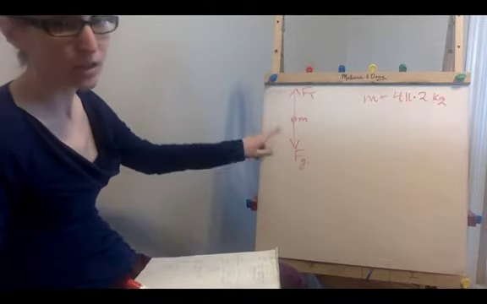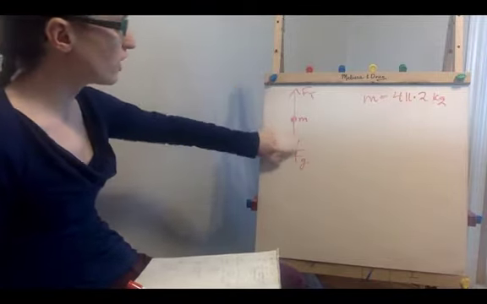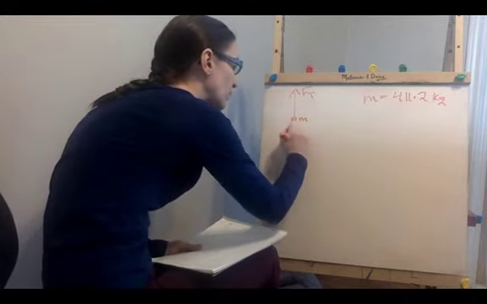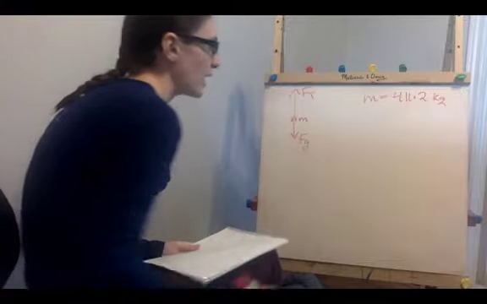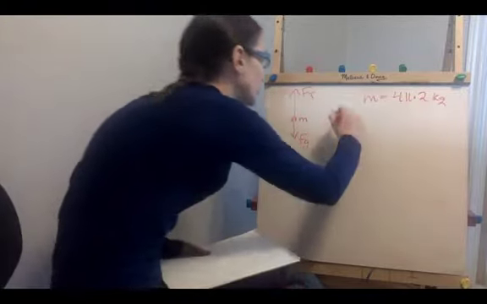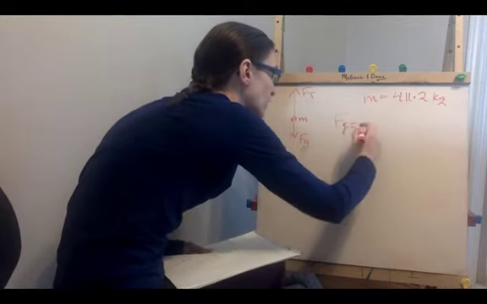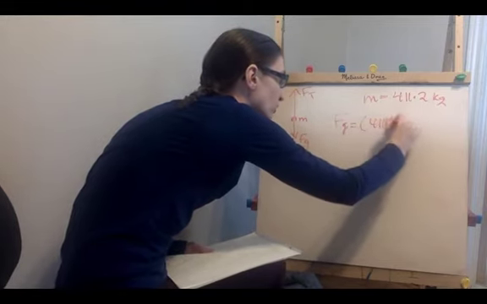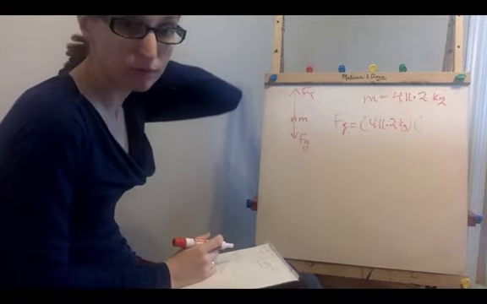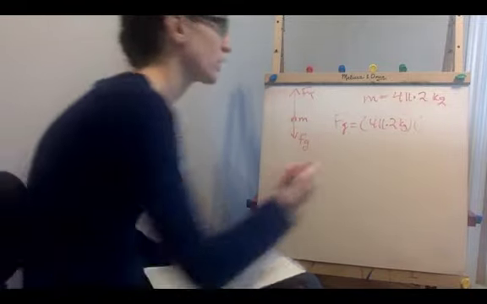If we're accelerating upwards, that means the force of tension is going to be larger than the force of gravity. I can show that with my arrows here, where the force of gravity is slightly less. I can figure out the force of gravity, that's not a problem. It's just the mass of 411.2 kilograms multiplied by gravity of negative 9.81 meters per second squared.